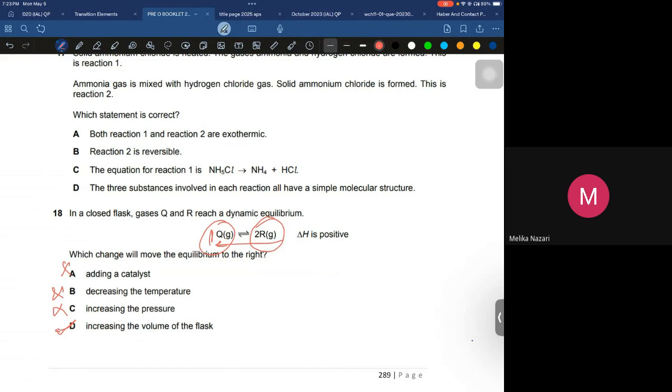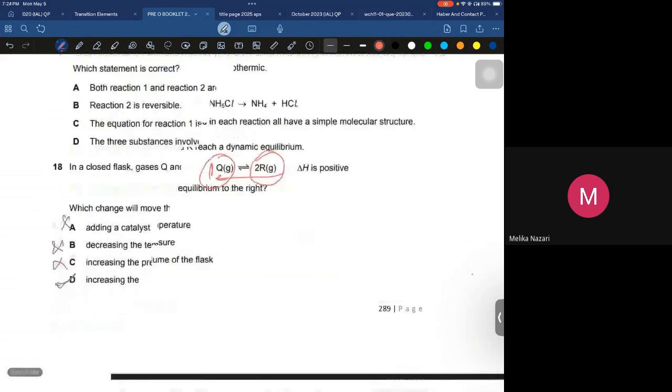What's the relation between volume and pressure? When you increase the volume, you decrease the pressure. They are inversely proportional. So when the pressure decreases, the reaction would move to the right. So that's why D is correct.